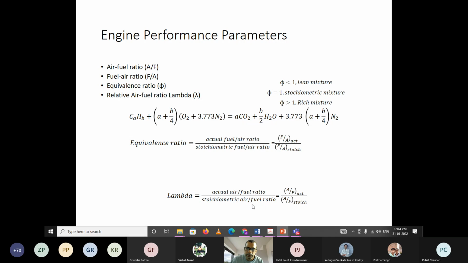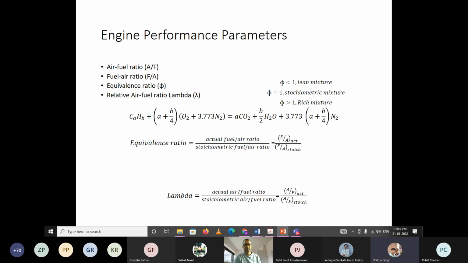You take the air-by-fuel ratio, finally calculate the relative air-fuel ratio, or lambda, and that is coming 1. What is the meaning that your engine is running at lambda equal to 1? What can we say?